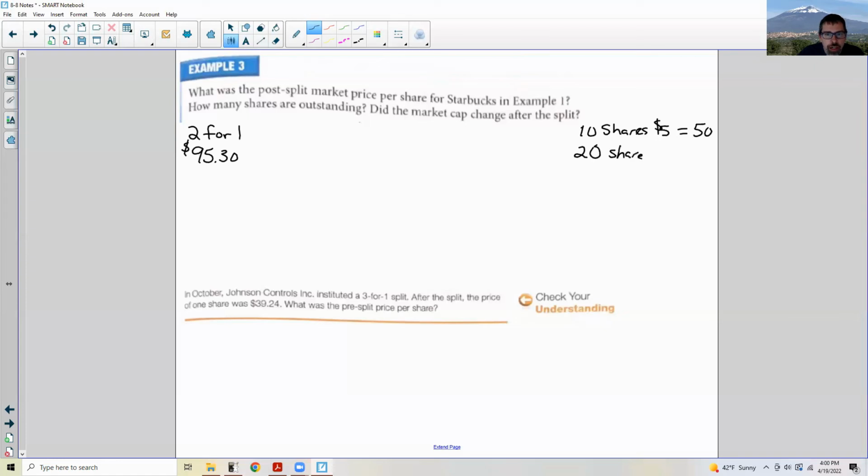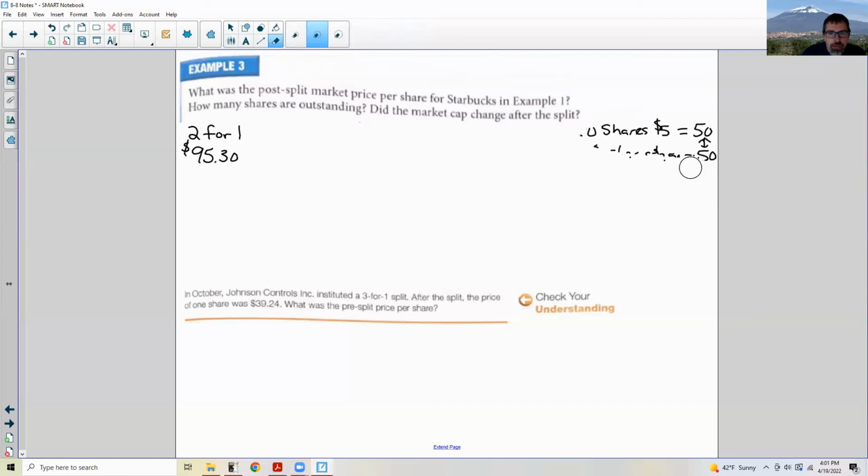For every share, I get 2 shares, but they're not $5 anymore, but they still are worth $50. So 50 divided by 10 is $5. 50 divided by 20 is $2.50. So you're getting more shares at half the price, and the value of the shares you have never changes. It stays the same. With a stock split, you still have the same dollar amount of shares.